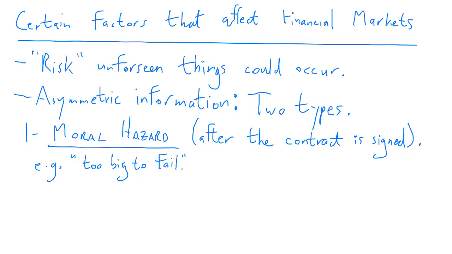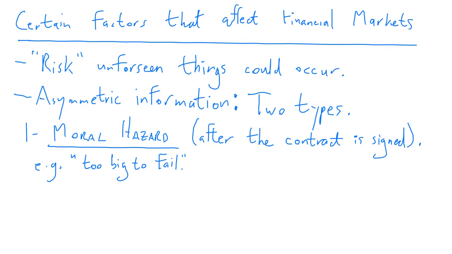If I'm a really large company and I realize I'm so large that I'm too big to fail, the government is going to be heavily pressured to bail me out if I ever get in trouble, what should I rationally do? Well, the rational thing for me to do is to take a lot of risk and do a lot of risky projects.